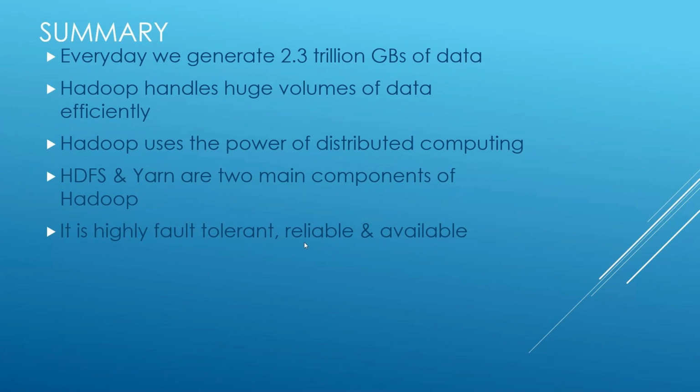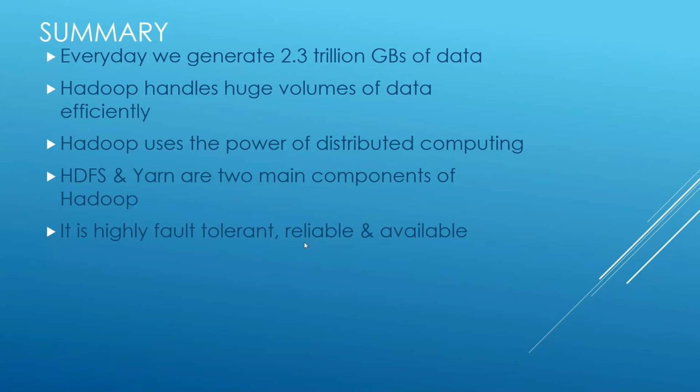Every day we generate 2.3 trillion of data, and now it has increased again: not only GBs of data, it is petabytes and exabytes of data. Hadoop handles huge volumes of data efficiently. Hadoop uses the power of distributed computing.